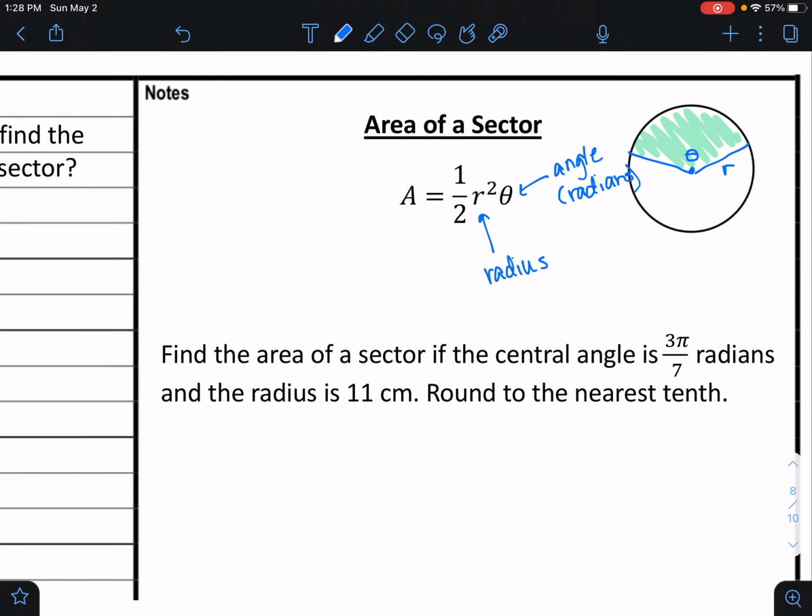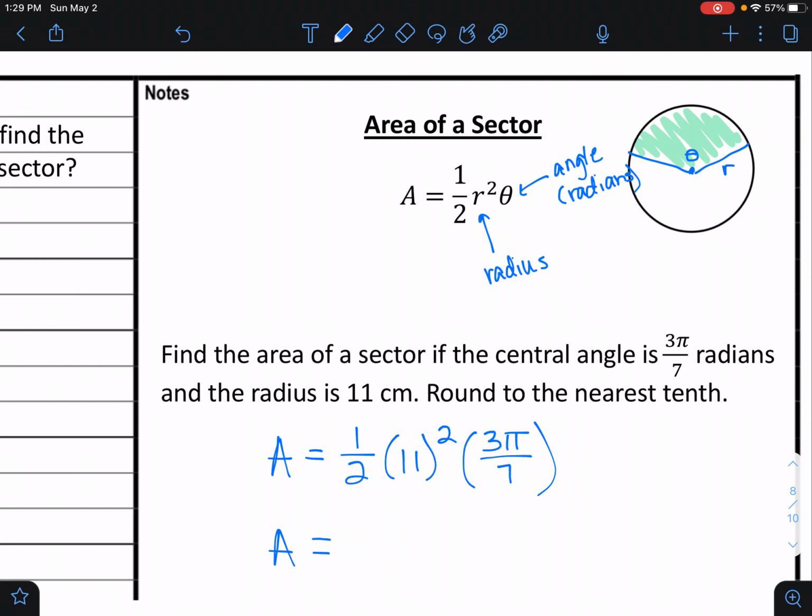Okay, so that's key. Now, find the area of the sector if the central angle is 3 pi over 7 radians and the radius is 11, round to the nearest tenth. Okay, so now this time, our angle is in radians already, so then we can just apply this and plug in and we're done. So 11 squared and then times 3 pi over 7 is my angle. So now if I just type it in just like that, then I should get my area of that sector.